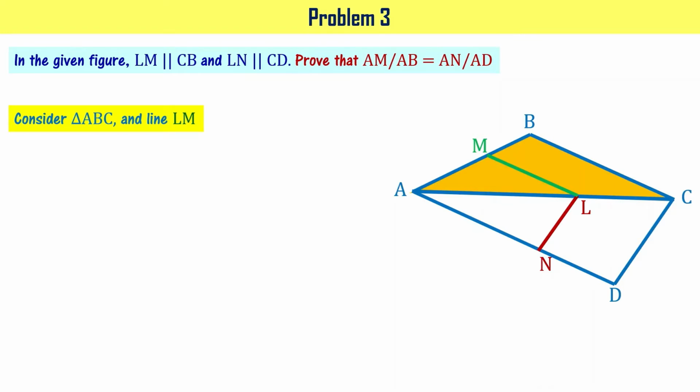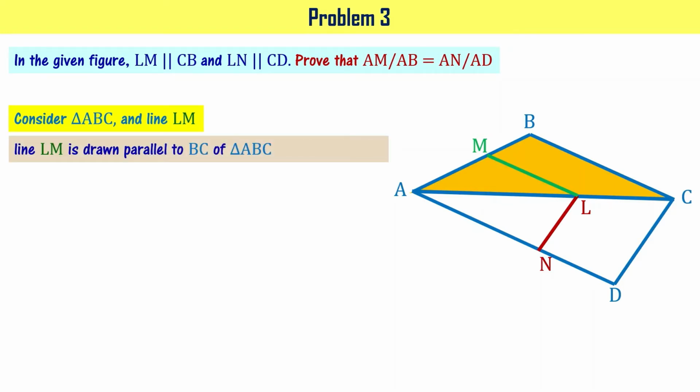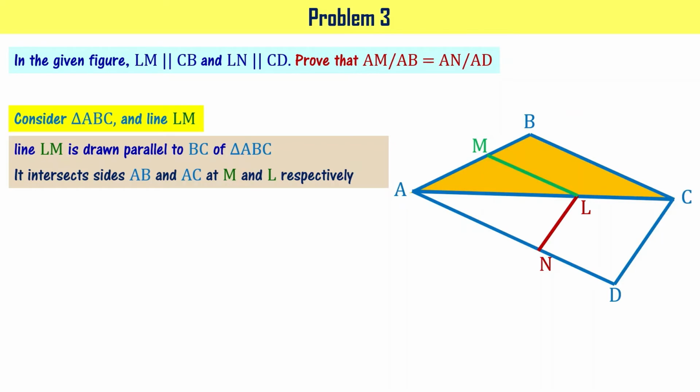We can apply basic proportionality theorem because line LM is parallel to side BC of triangle ABC, right? And it is intersecting sides AB and AC at 2 points M and L respectively, right? It means we can write as per basic proportionality theorem AM by AB equals AL by AC.